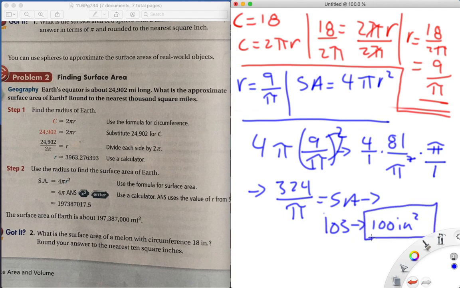Now you could have done this also with decimals, 9 over pi, which would have been 2.864788967, and square that and gotten the same answer.